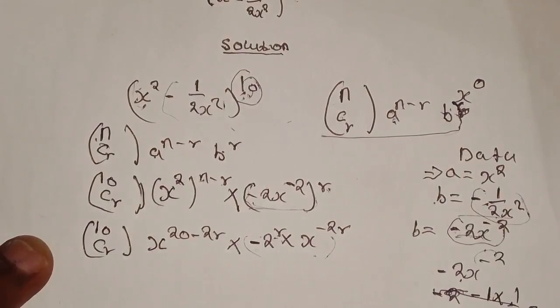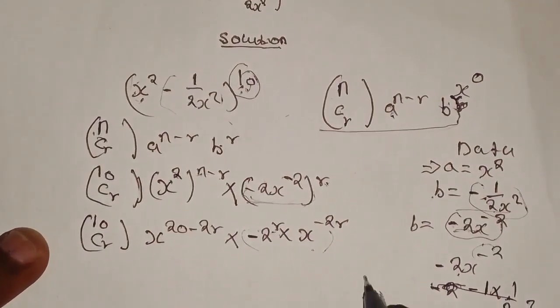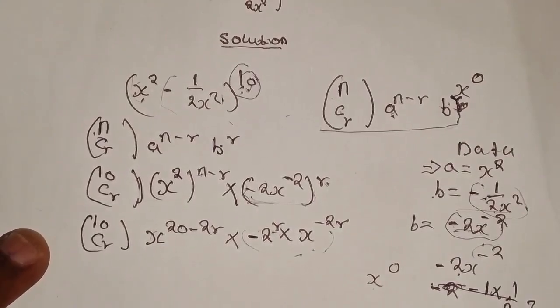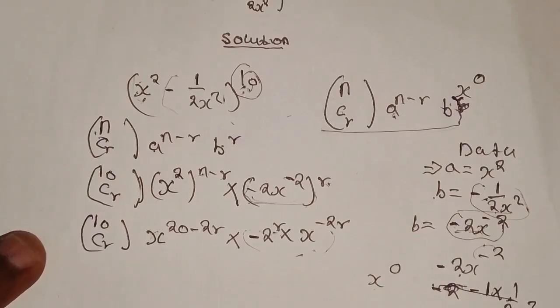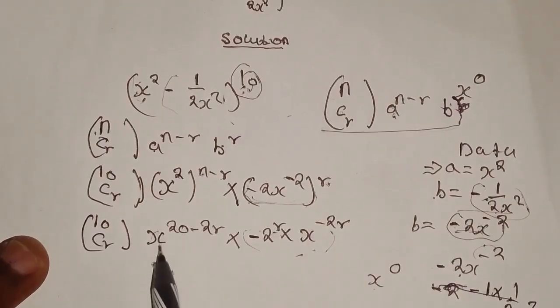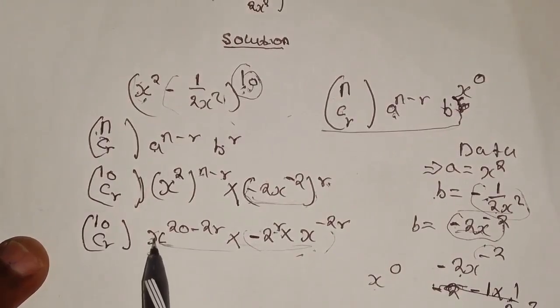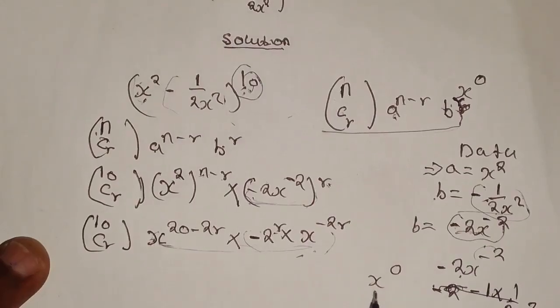There's no difference. Remember the term independent of x is x to the power 0. So for us to find the value of r, we need to equate the terms that have x to the power 0.